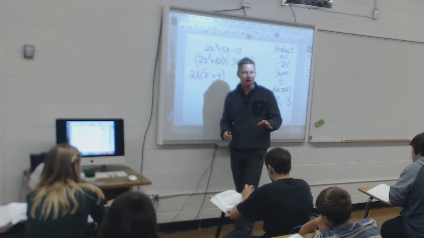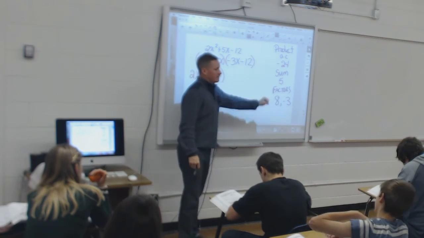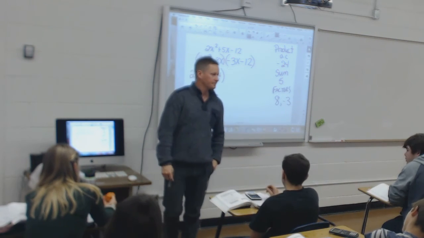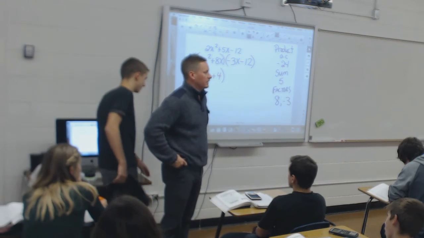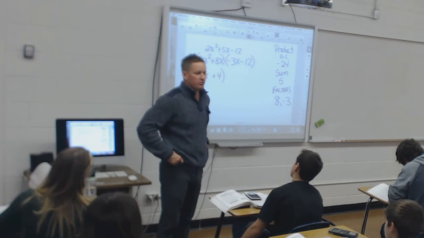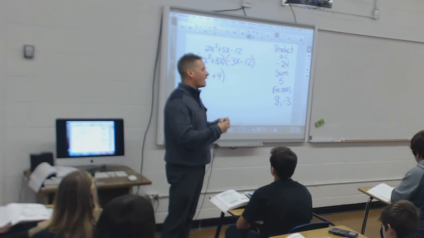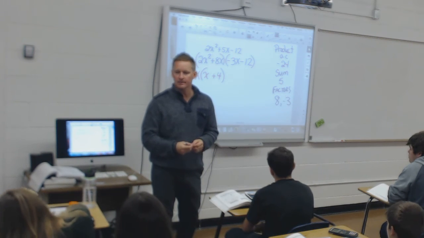So I'm going to show you something right away. What's common between negative 3x and negative 12? Very good, Rex. That's important. He said negative 3. You do have to take that negative out, which means you change both the signs.